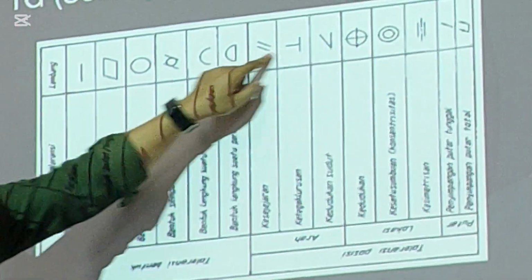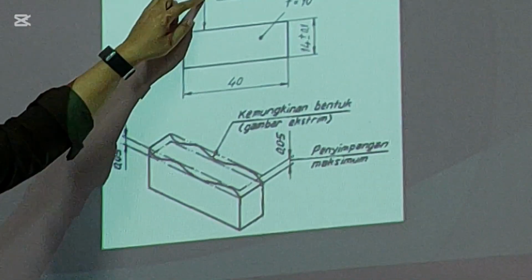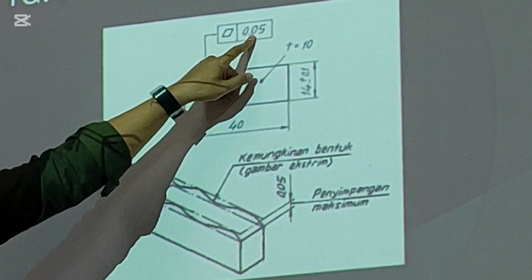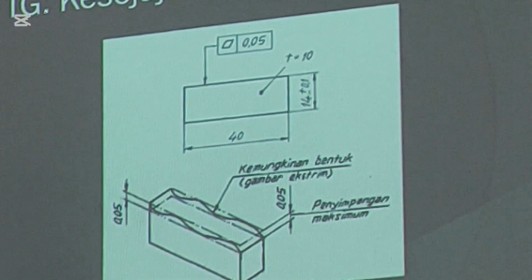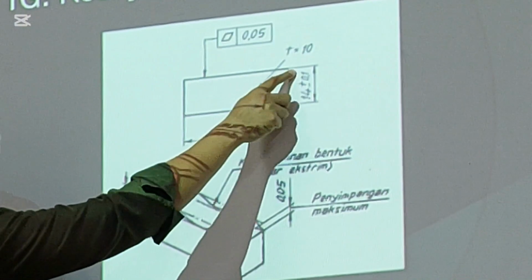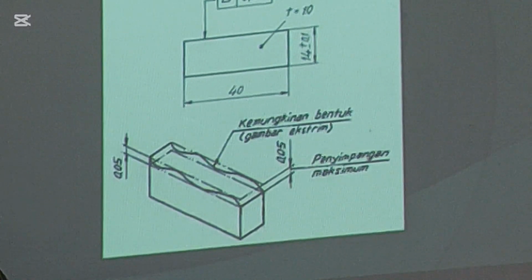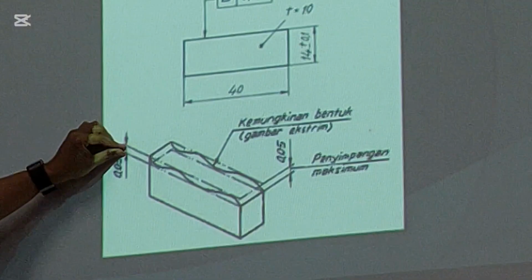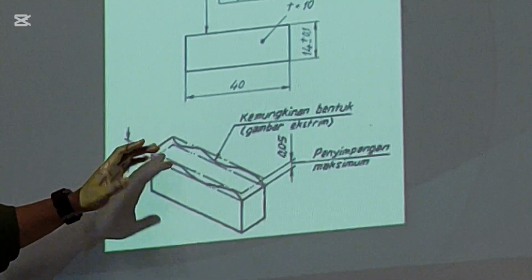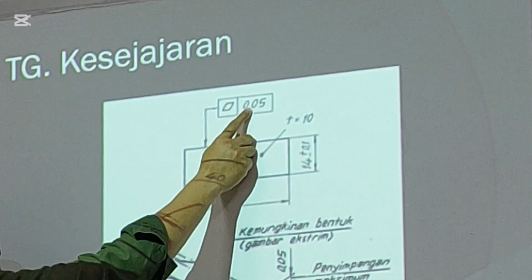There are so many tolerance symbols. For example, like this. This is the surface roughness symbol. And the second column is filled by the dimension or the unit size of this condition. So it means that if the arrow points only to the surface, the surface can be wavy, but when the wavy size is not more than 7.75, you can still use these things because the tolerance is 0.05.